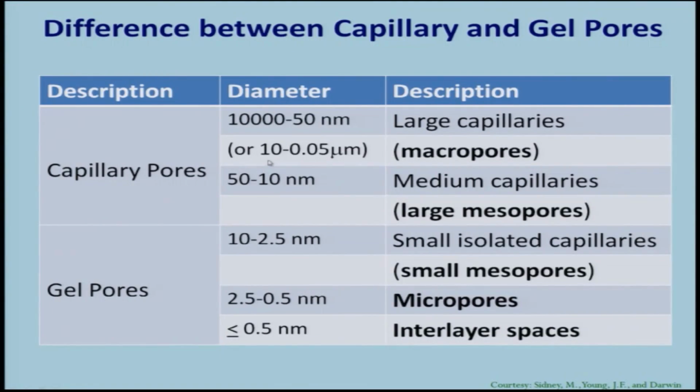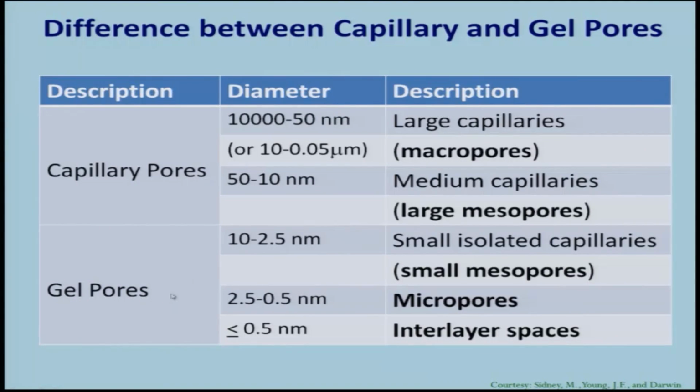In terms of microns, it is 10 to 0.05 micrometers, and they are also classified into two categories. One is macropores, the other is large mesopores. For macropores, the size range is 10,000 to 50 nanometers. For large mesopores, it is between 50 and 10 nanometers.